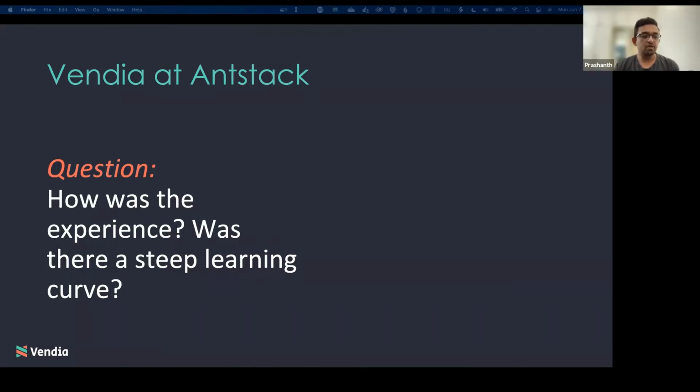But to my surprise, when we started actually using Vendia for Best Friends, I realized all of that complexity under the hood is hidden away from developers. And all I get is a GraphQL endpoint with an API key, and I can just start using the underlying Vendia infrastructure.